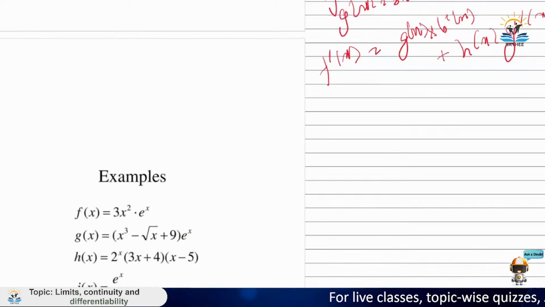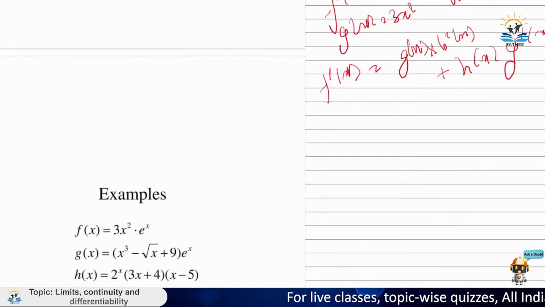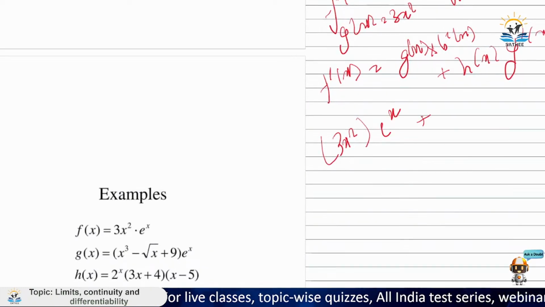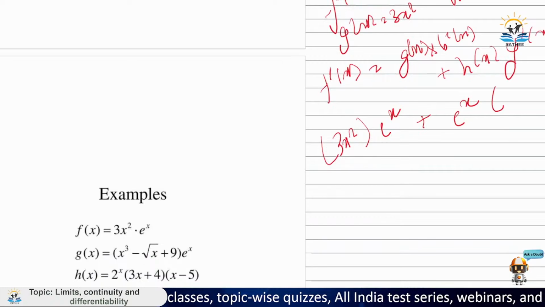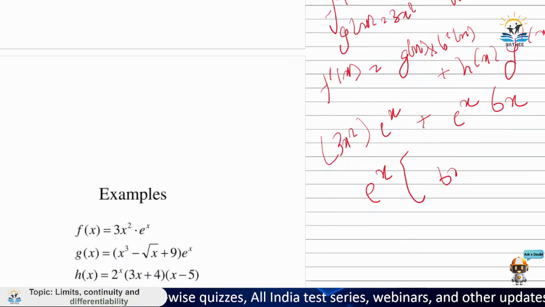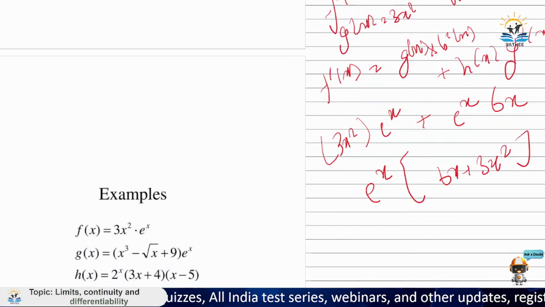So let's write it. g of x is 3x squared, then the differentiation of h of x, then h of x as it is, and the differentiation of this. So what we get is e to the power x common, 6x plus 3x squared.